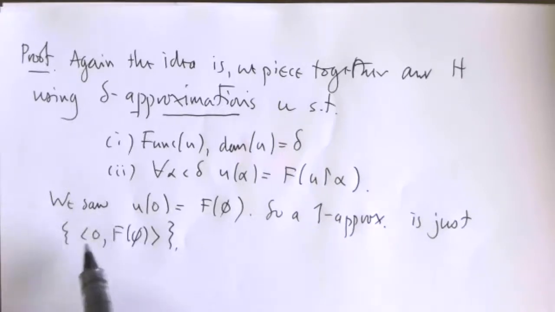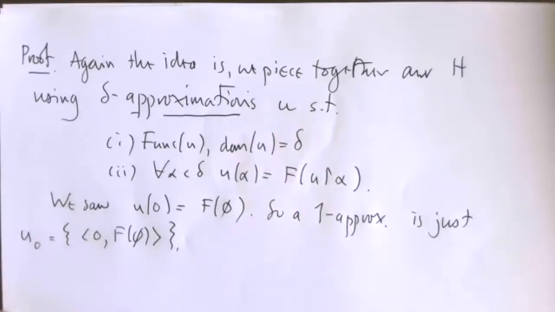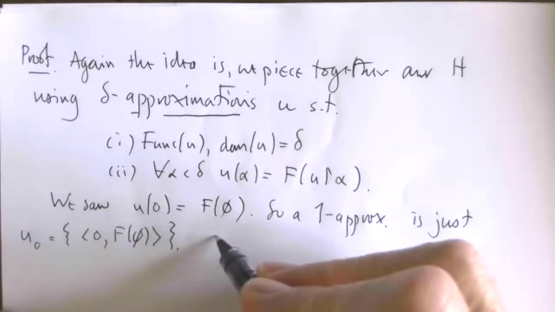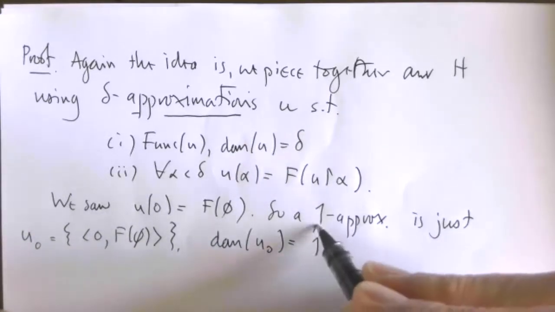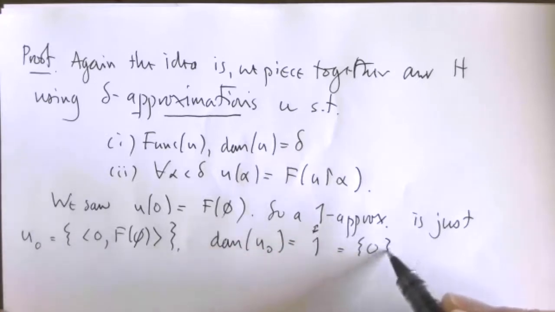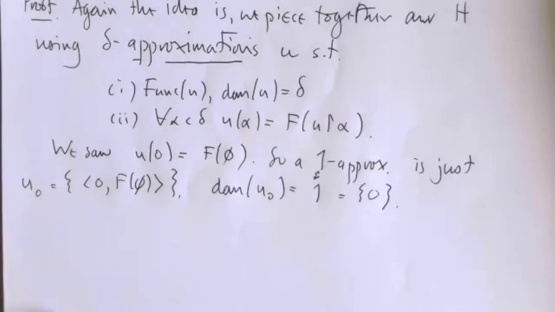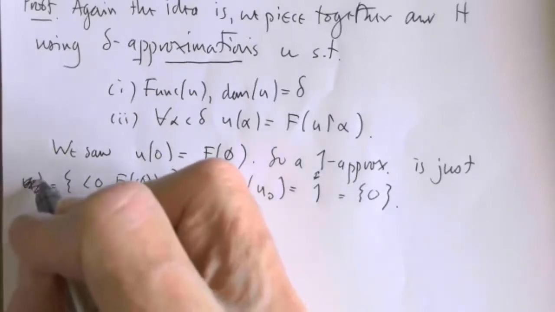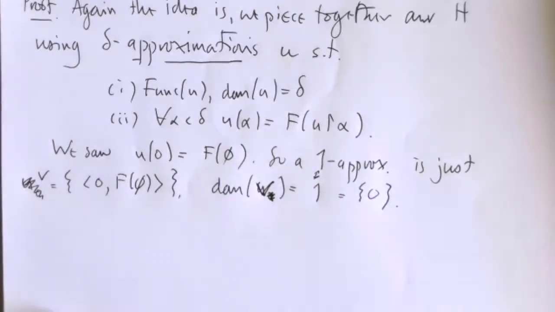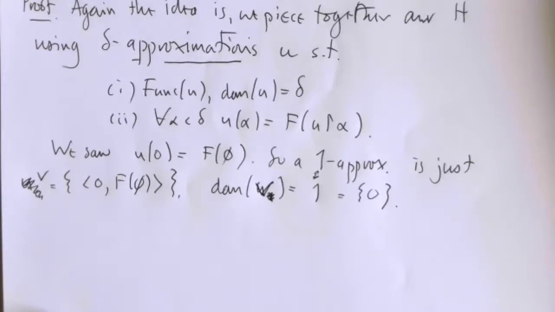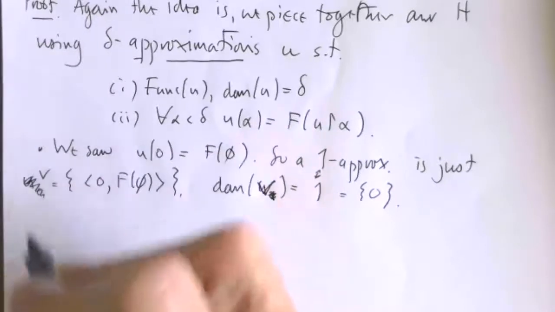Here's the domain of the function. Let's call this u0 here. Domain of this is 1, right, which corresponds to here. So actually in the notes, I've called this 1 approximation V. So let me stick with the notation of the notes. So that's one thing to observe.